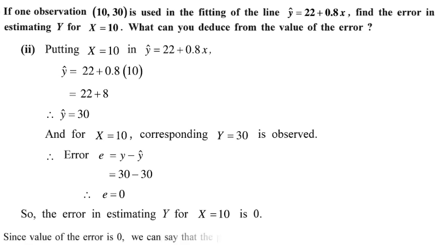That means we can say that the point 10, 30 lies on the exact regression line. So the regression line and the observed value and the estimated value are the same, so the point is itself on the straight line. It is not above, not below, but on the exact line.